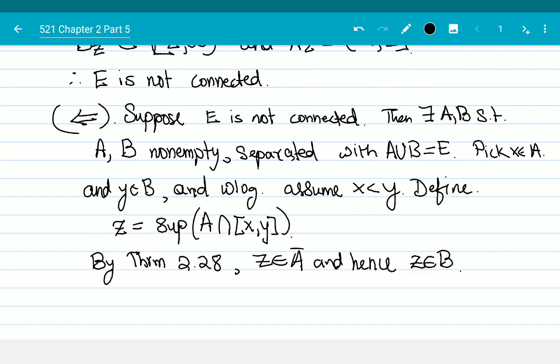So sorry, theorem 2.28 says that every closed set has all its limit points. Right, and more or less effectively it says that. And Z belongs to A bar.